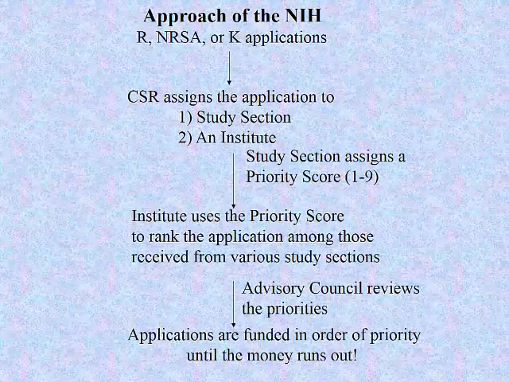So this is sort of the flow of how it goes, right? You apply there at the top and your application comes in. CSR assigns you to a study section and an institute. Now, if you have talked to somebody at one of the institutes and they're interested in your science and they're going to request your proposal once it's scored, you want to say that in your cover letter.